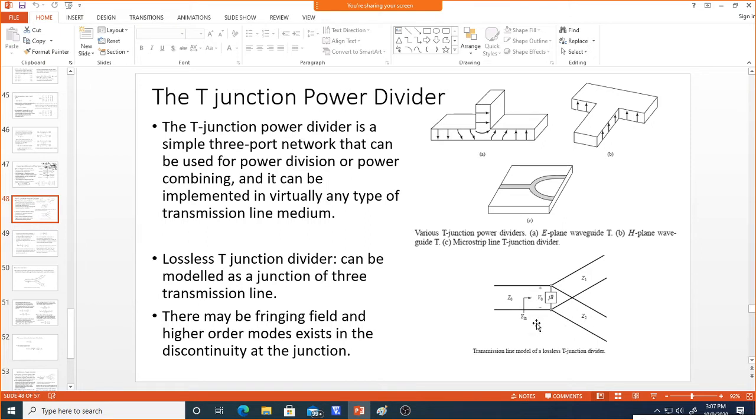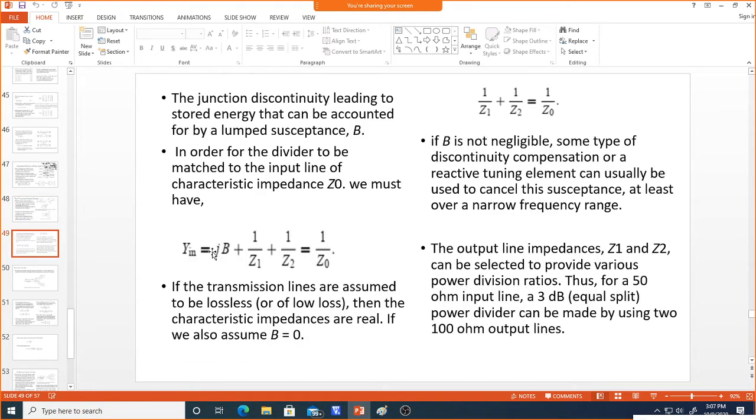In terms of impedance, Yin equals 1 over Zin, so 1 over Zin equals 1 over Z1 plus 1 over Z2, as we have written here, plus the capacitive susceptance, jB. Now to calculate the input impedance, assume that the susceptance is negligible, that is, it is 0.